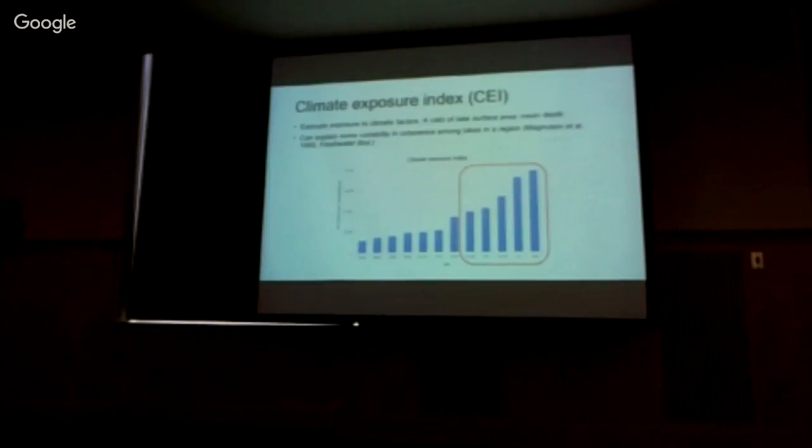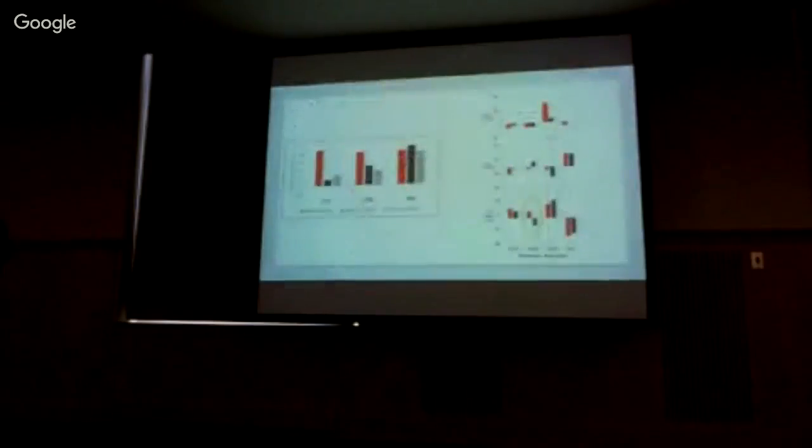And if you have a lot of lakes that have a high CEI in an area like Kellyville, it makes a lot of sense that they would be exhibiting this coherent response. So the Kellyville lakes are represented on the end of this figure with the red square drawn around them. So PAR exhibited the strongest within region and between region coherence overall.